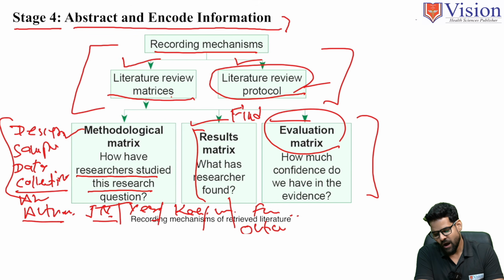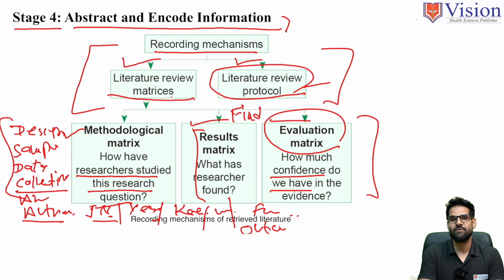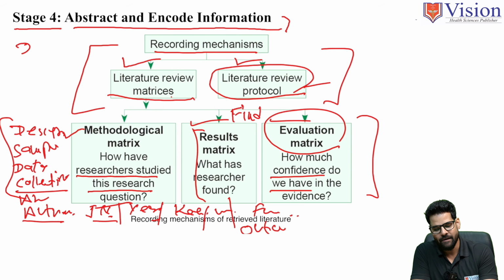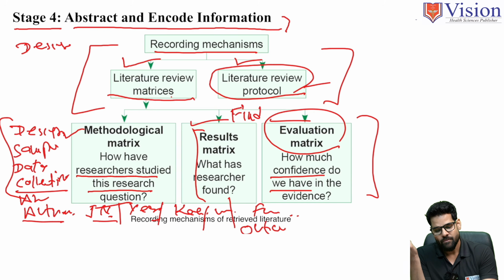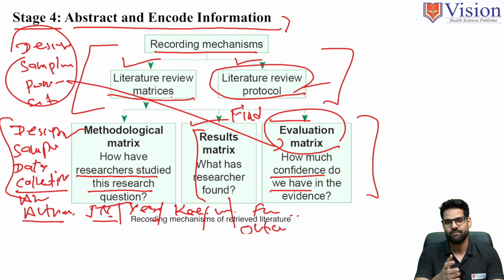Evaluation matrices talk about how much confidence we have, how much credibility you have in the research, like what the design was, how they controlled confounding variables, sampling, power analysis, statistical tests. There you evaluate the credibility of that research, how much confidence you have, and you look at the limitations.